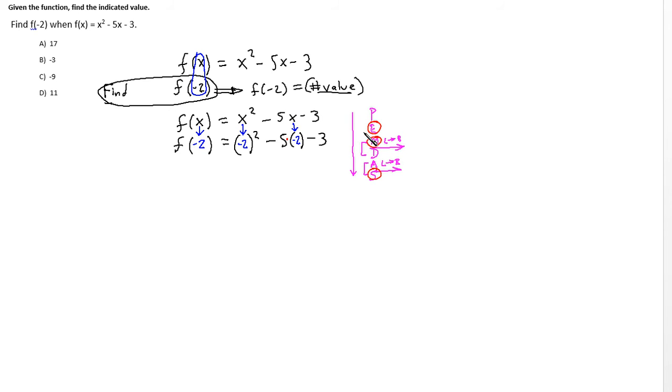As we go from top to bottom, first stop is exponents. I'm going to see that the exponent is 2. It's applying to a base of negative 2. Negative 2 is our base with parentheses. That means I'm going to keep the negative sign with the 2. I should see a total of 2 of these bases. The exponent tells us how many.